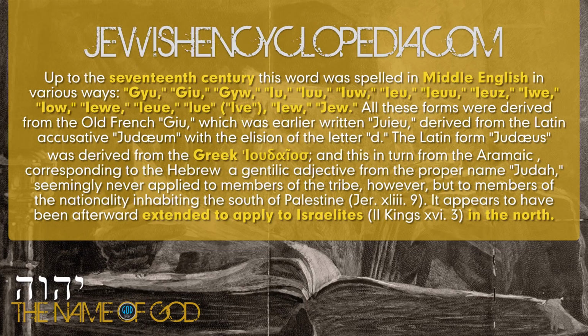The Jewish Encyclopedia starts its definition of the word Jew in the 17th century AD. And look at all the confusion. Let me ask you a question. Let's say you are American and you leave your country and live in another country. Let's say you marry someone from a foreign country or whatever.